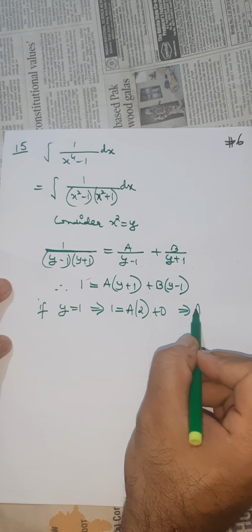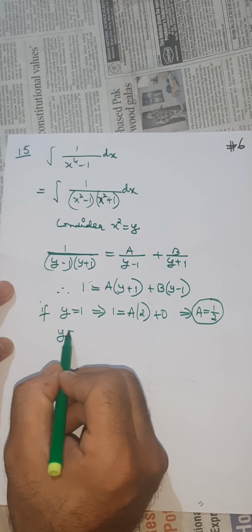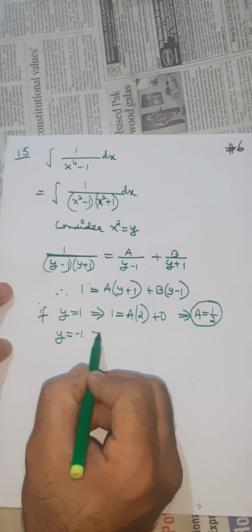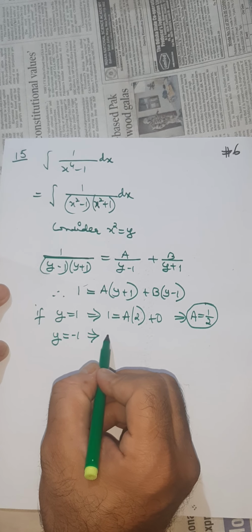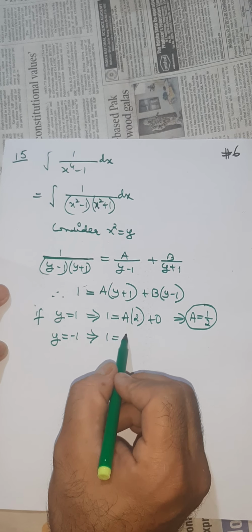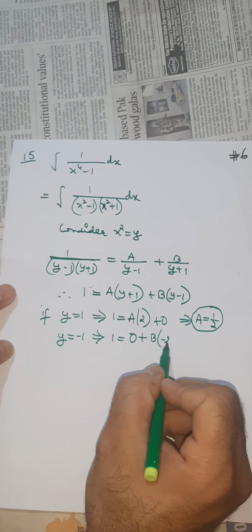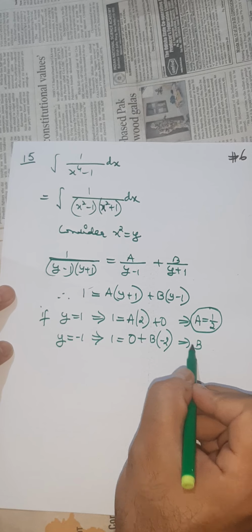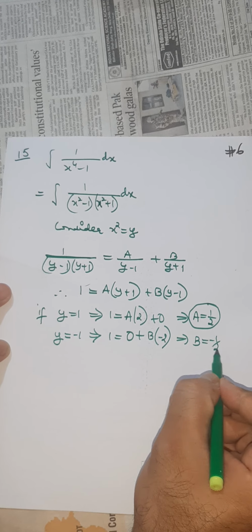So a is half. Next we take y equals minus 1. So this becomes 0. So here 1, this becomes 0 and b into minus 2. So b will be minus 1 by 2.